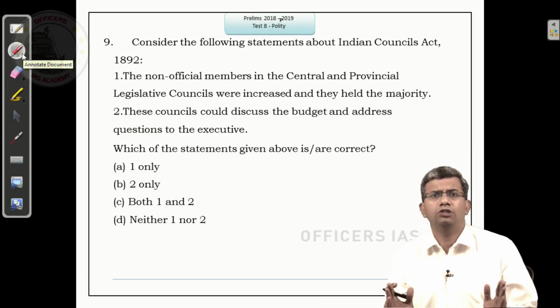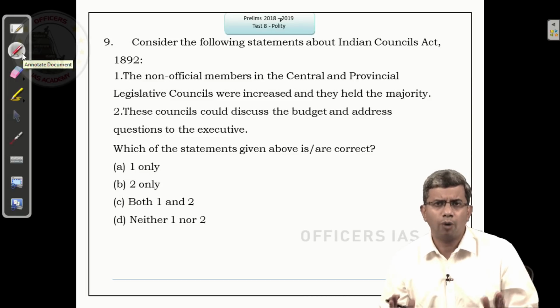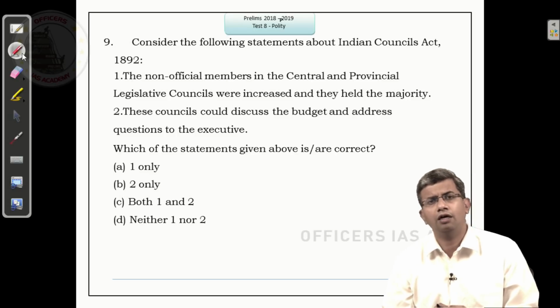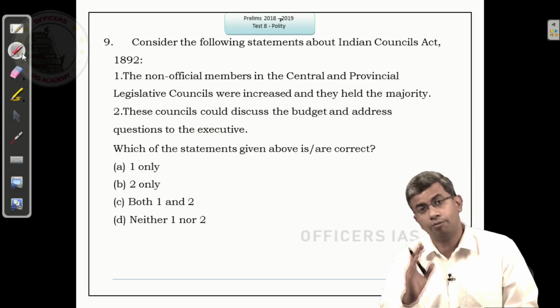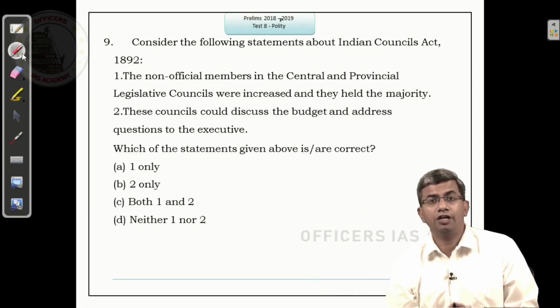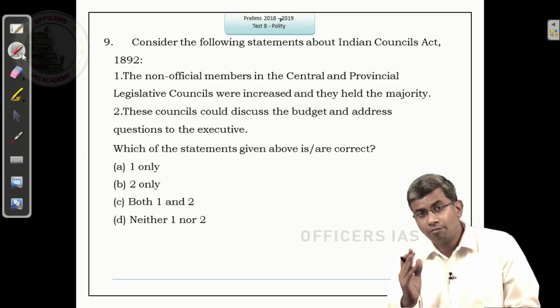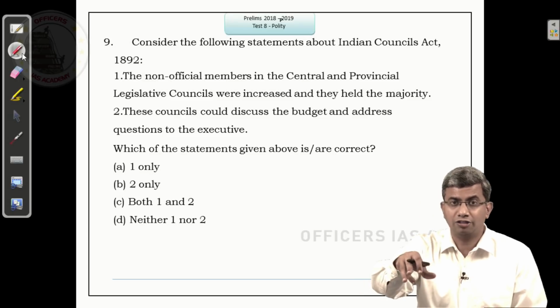The entire council was a 15-member council, all whites. Then in 1861, some non-official members were to be added, which were to be nominated by the Governor General. In 1892, what happened? The nominated members were to be nominated by local bodies.